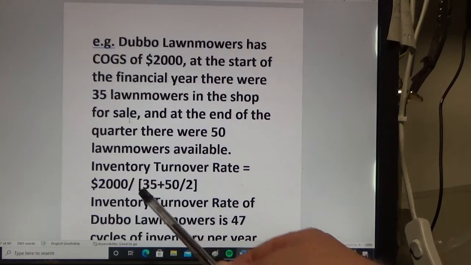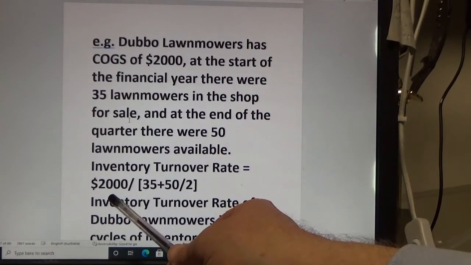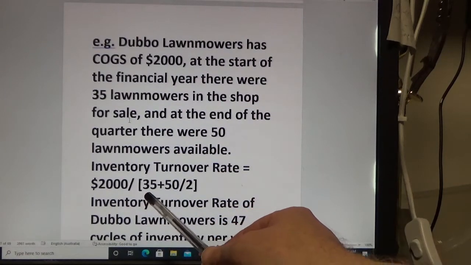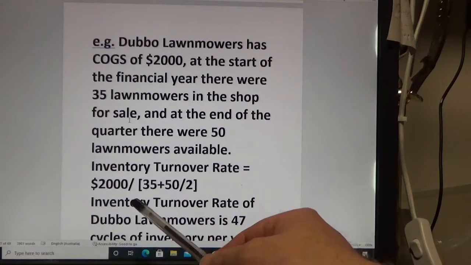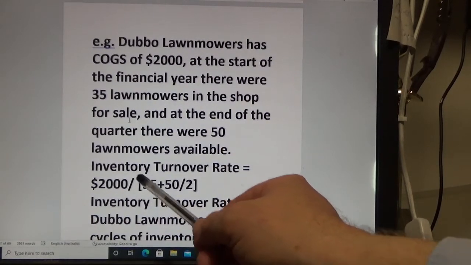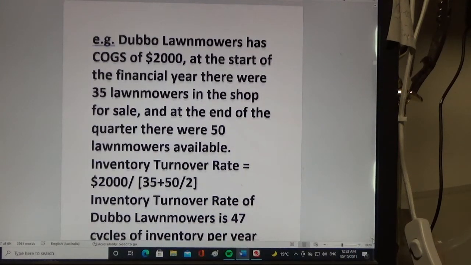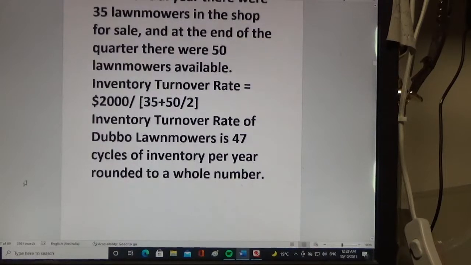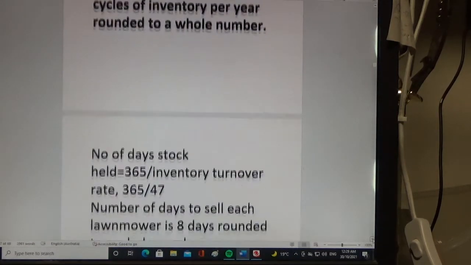So the inventory turnover rate equals COGS, quite a low COGS, 2,000 actually, divided by 35 plus 50 over 2. Work that out first, find out what the denominator is in brackets, and then put it in your calculator, and when we round it to a whole number, the inventory turnover rate is 47 cycles of inventory per year, right? Now we can get the number of days it takes to sell a lawnmower.